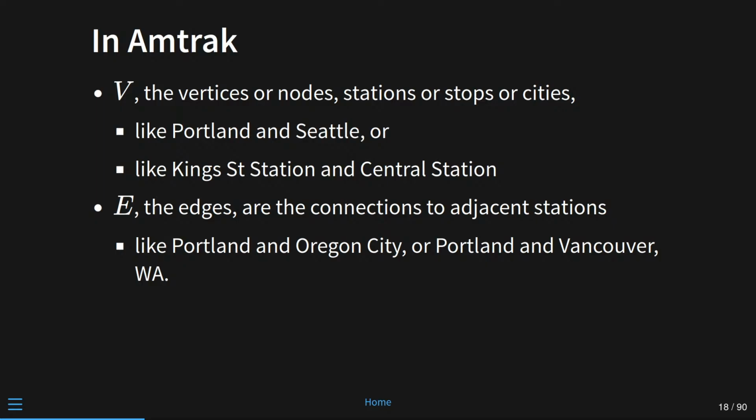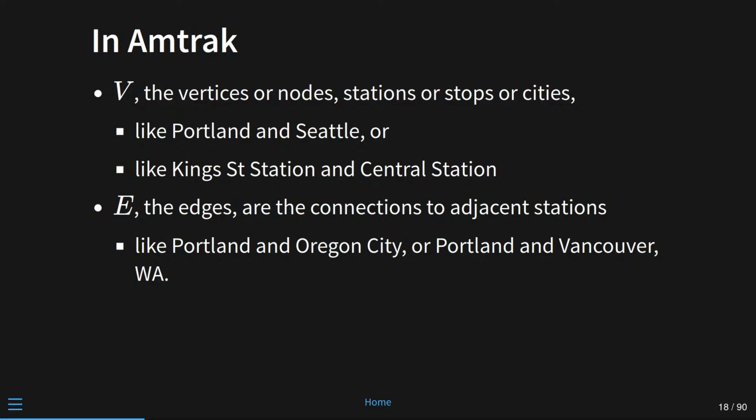In the case of the Amtrak example, the nodes are going to be stations or stops or cities. I can give you one example. On days that I can get away with it, I take the Amtrak bus from Portland Union Station to the thing across the street over there. I'm guessing it's called Salem Union Station. I don't know.